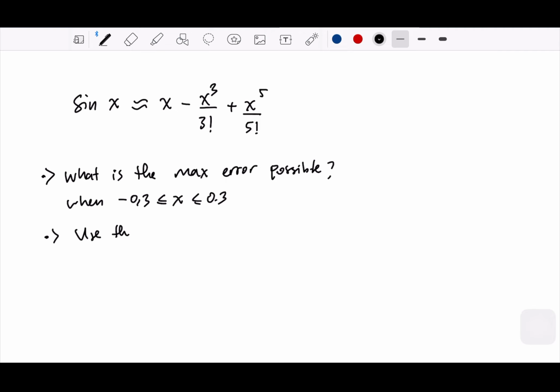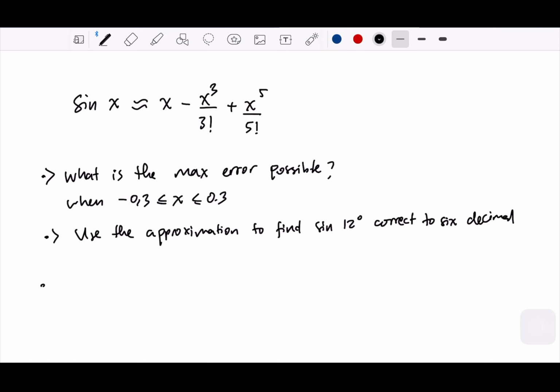Then, use the approximation to find sine of 12 degrees correct to 6 decimal places.